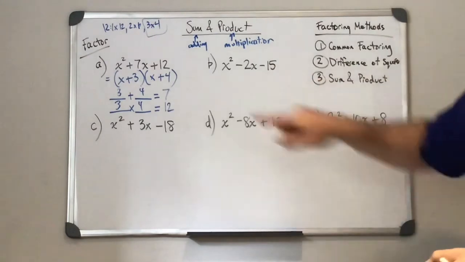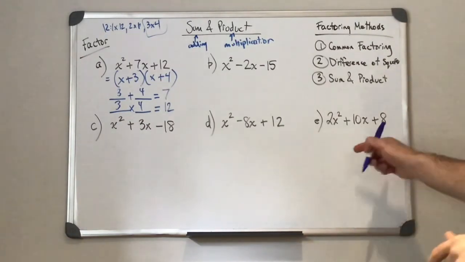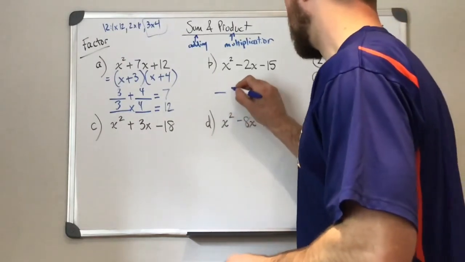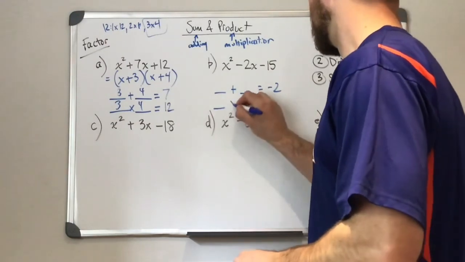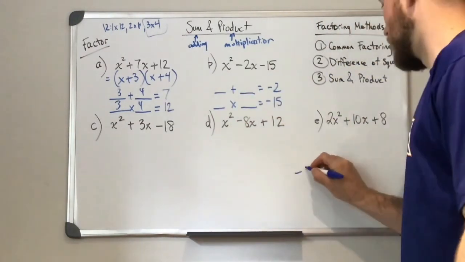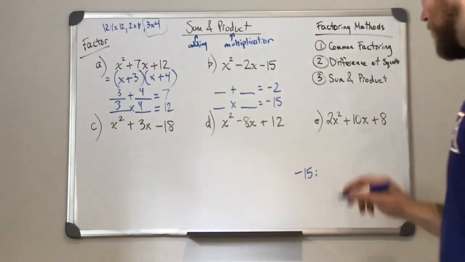Okay, let's take a look at this one. X squared minus 2x minus 15. If we look for two numbers that add to negative 2 and multiply to negative 15, we always have to start with that product. So what multiplies to negative 15?